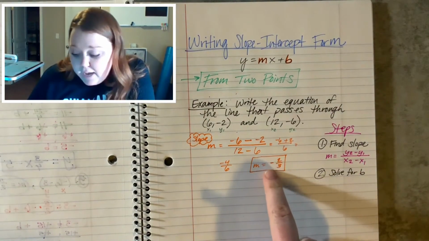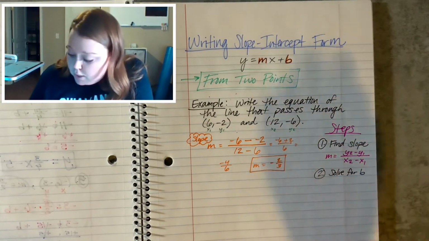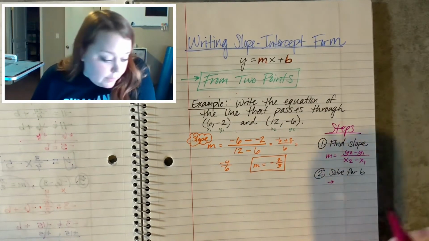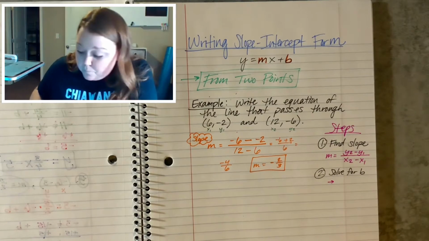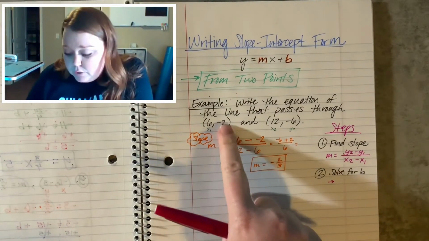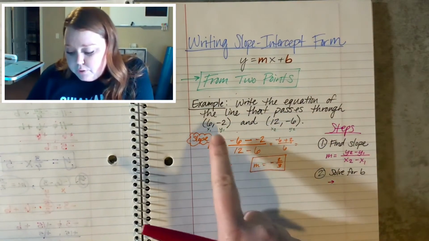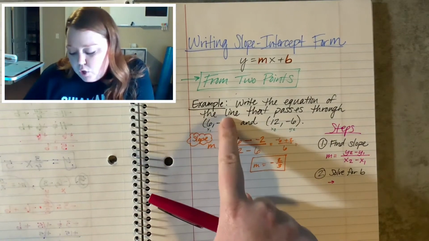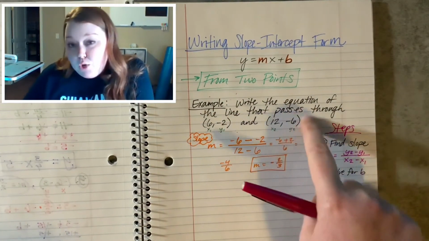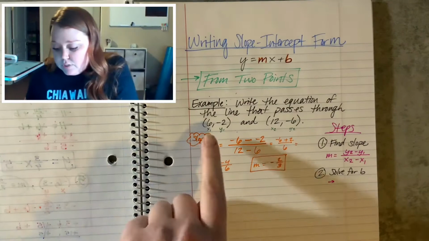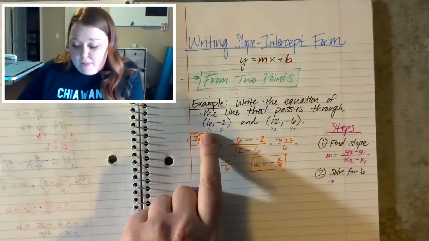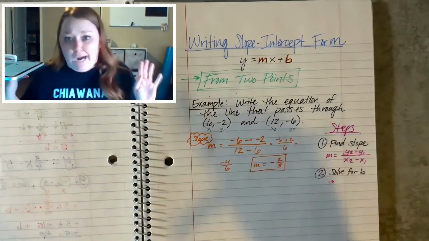You just found m. You just need to remember that in order to know x and y, you actually have some options here. You could use this x and this y, or you could use this x and this y. What you can't do is use the x from this ordered pair and the y from this other ordered pair.